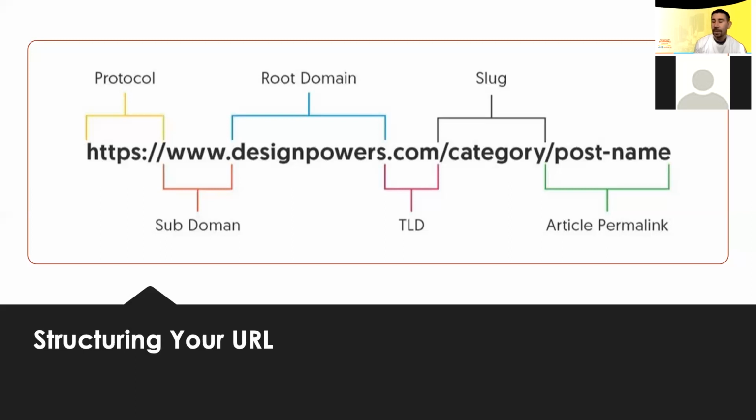So be aware of that. I think some platforms such as Squarespace, I believe if you even put uppercase, it automatically changes it to lowercase, so you don't really have to worry about that. But always check and double check and make sure it's lowercase.